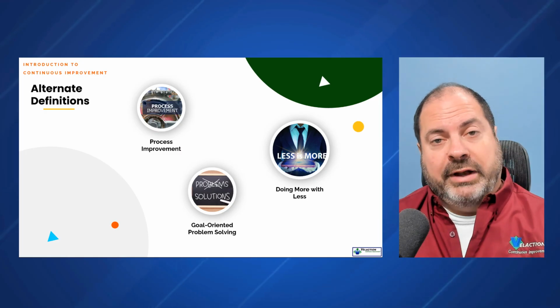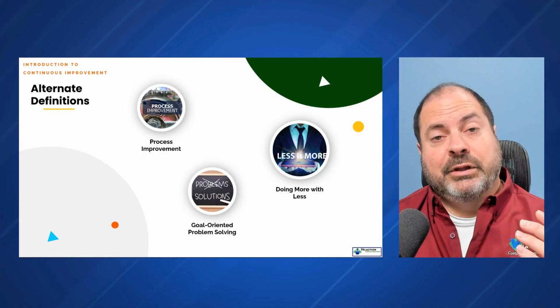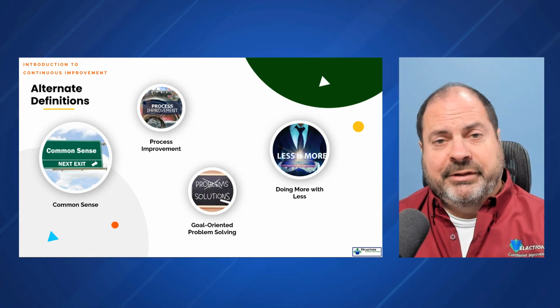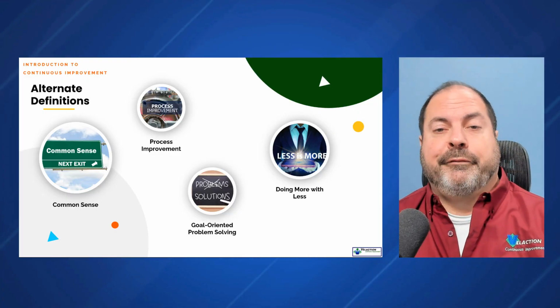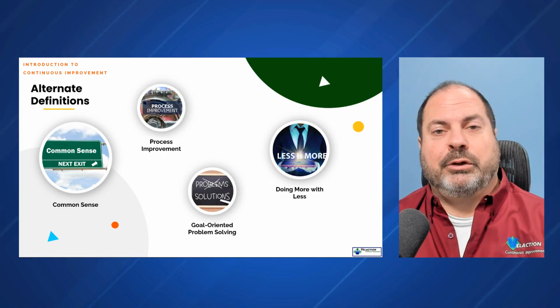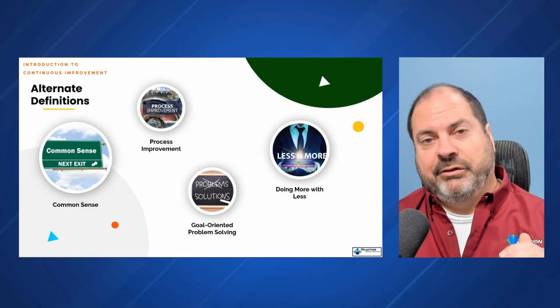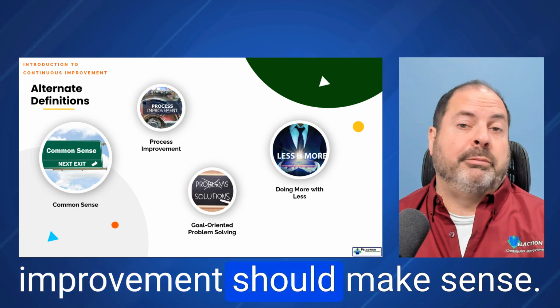But when you get down to the roots of all of these different things, one of the key components you want to have is that it has to have common sense behind it. That doesn't necessarily mean it's going to be obvious. When you talk about flow or reducing inventory as part of lean, it may not be obvious, but as you start peeling back the layers of those onions, everything about continuous improvement should make sense.